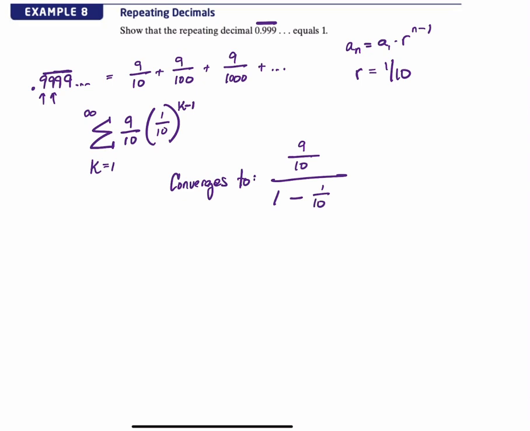Well, 1 minus 1/10 is 9 over 10. So 9 over 10 over 9 over 10 is equal to positive 1. So we're saying that 0.9 repeating, which can be expressed as this infinite sum, converges to this value of positive 1. So a pretty interesting result.